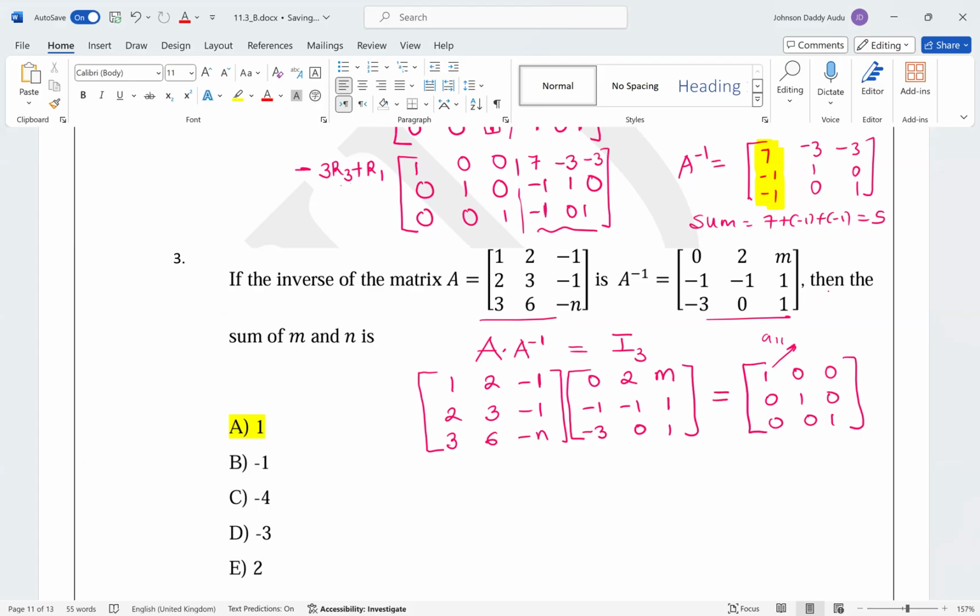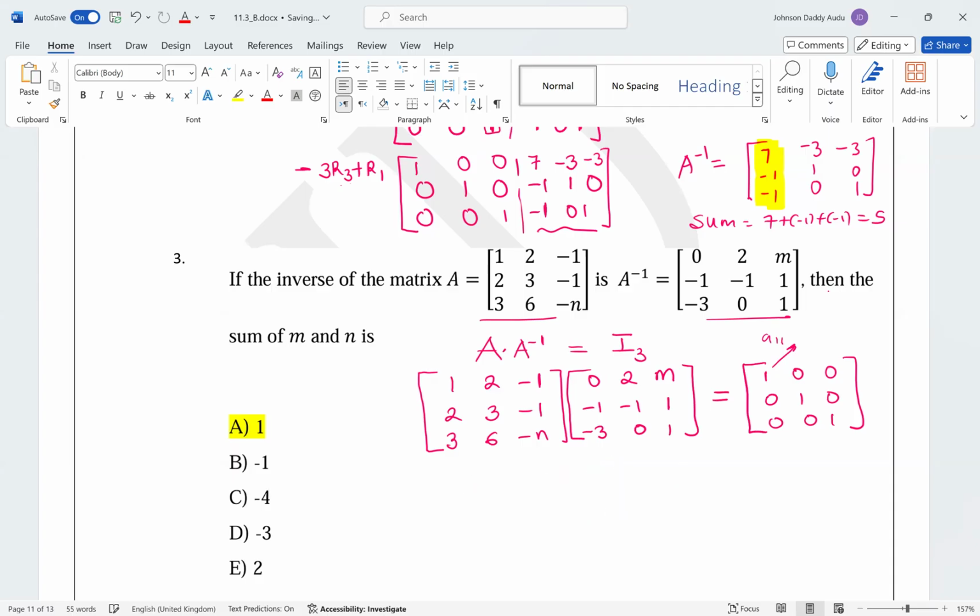So if you do the first row multiplied by the first column, it's going to give you 1, right? Yes. But we don't need that because we need the one that will give us m and n.